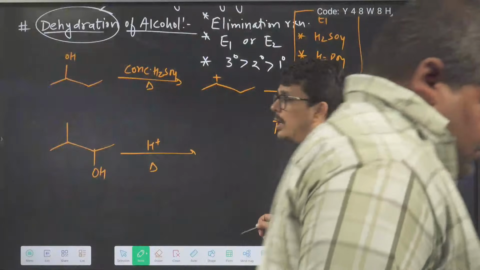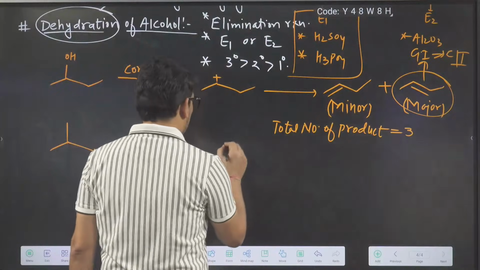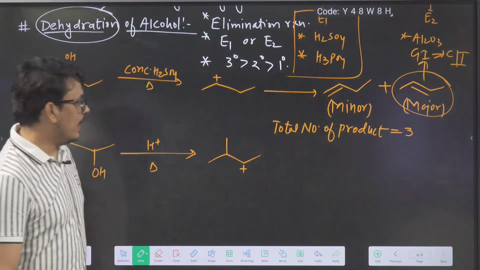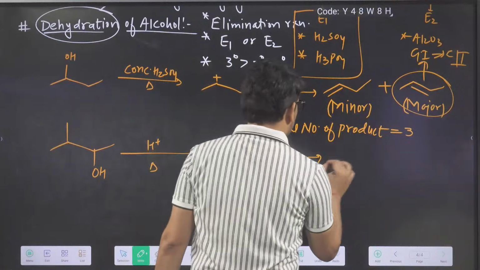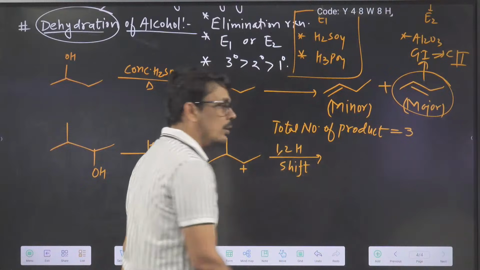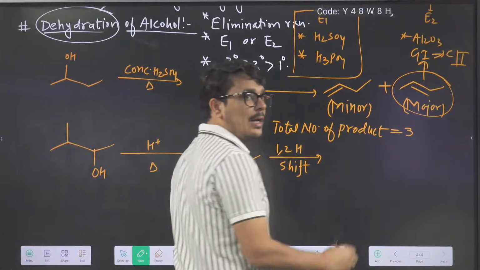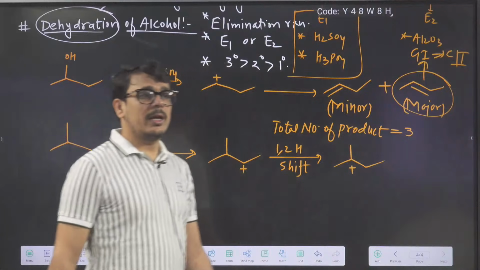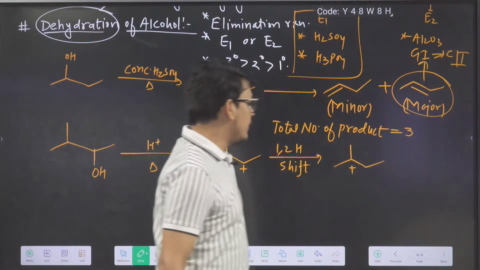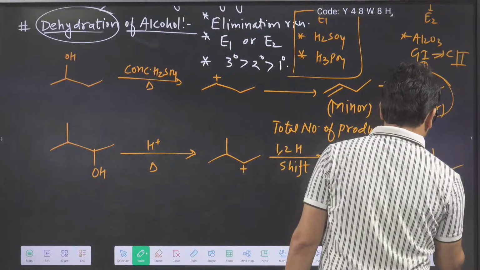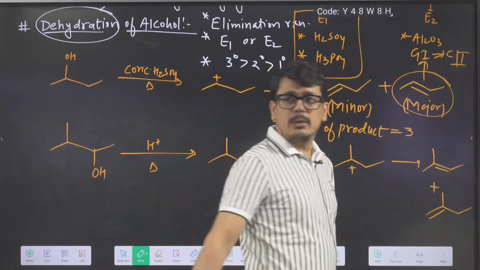If there will be a carbocation formation, then you will get this thing. Again, there will be a possibility of rearrangement, then we can say this is a 1,2 hydride shift. After the 1,2 hydride shift, what we will get here? Is this a carbocation? Now this carbocation undergoes dehydration and you will get one major and one minor.